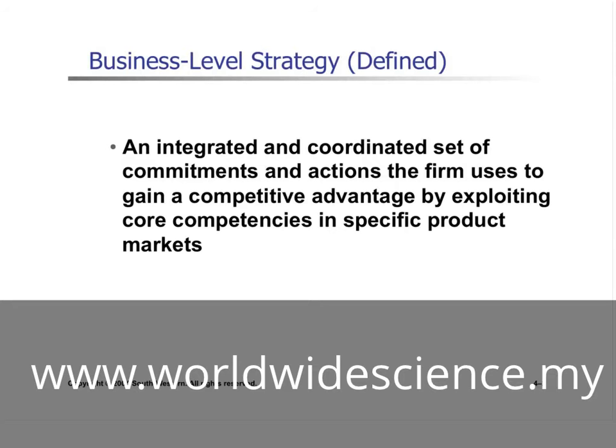So your specific products or services that you provide, you always want to commit yourself to certain actions that you will provide the customers with. So the set of integrated and coordinated actions that you promise your customers that they will get whenever they buy your products or get your services is your business level strategy.